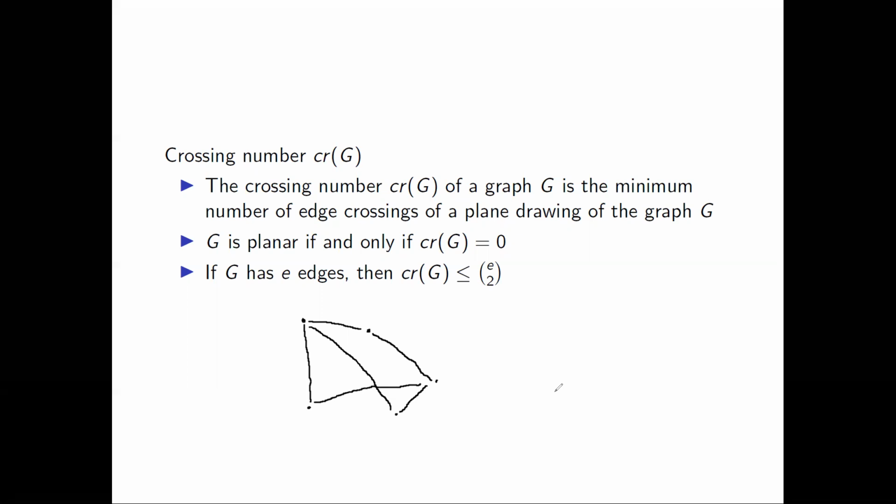They might have 0, but at most they have 1. And if we have a total of E edges, there's at most E choose 2 pairs of edges.